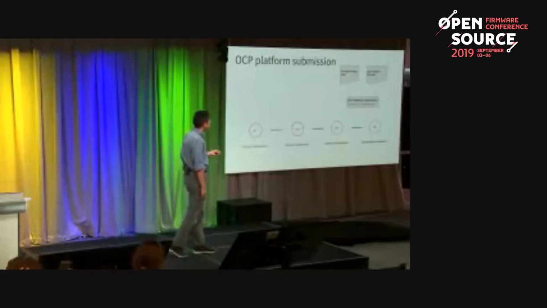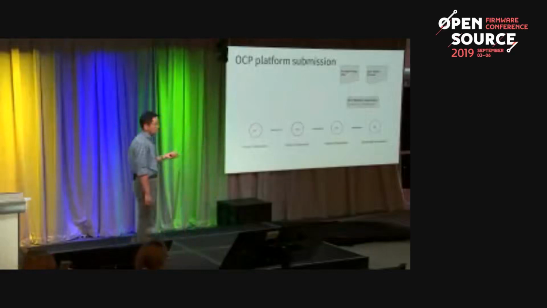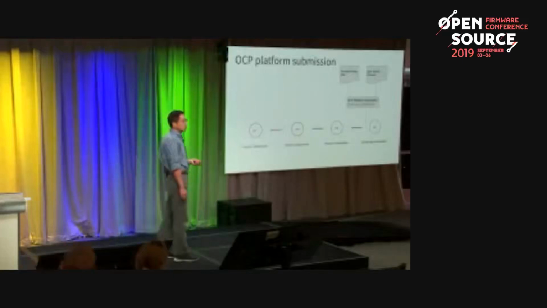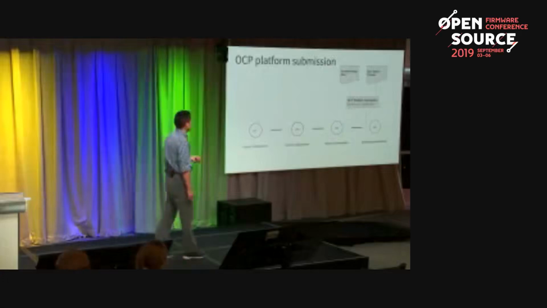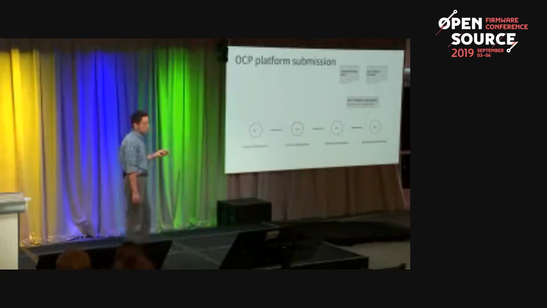When we submit the OCP platform, we submit two things. One is the hardware design spec, so anybody can download it and use the design, either replicate the design or modify the design to suit your needs. On top of that, a new thing we are going to do is make the open system firmware ready.